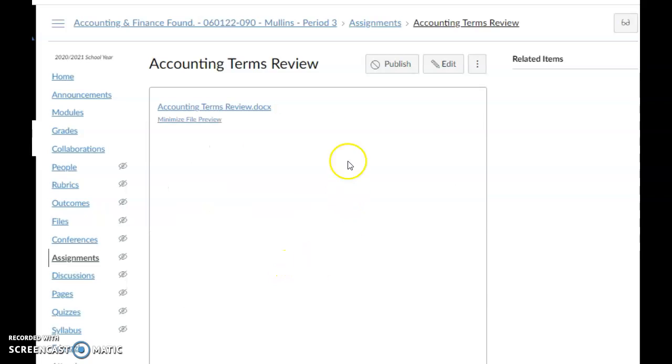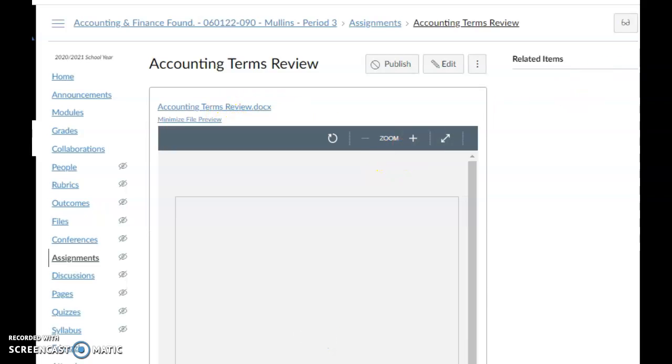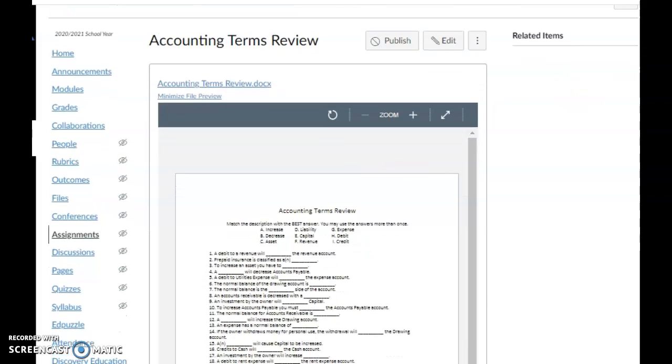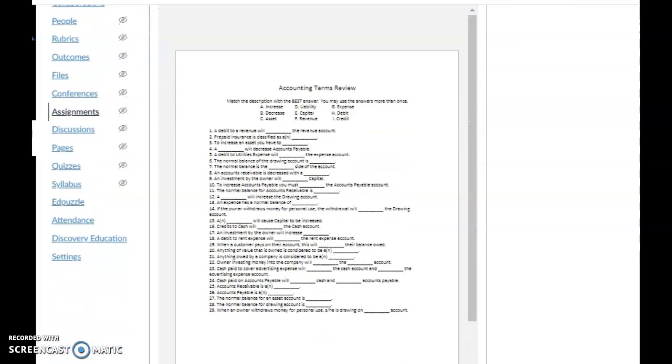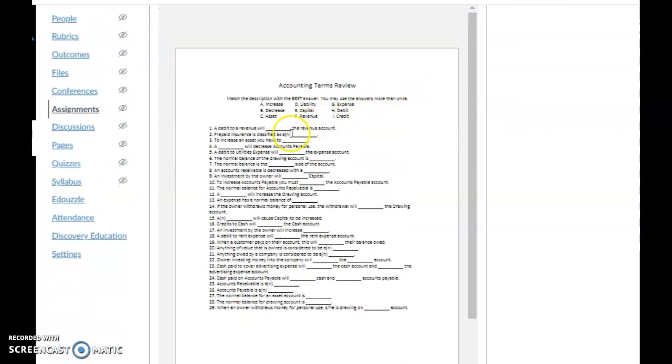So in today's assignment, you're going to have a review sheet here on accounting terms. Now you've done this before. This was just something that I thought would be a good thing to go over before we start into anything new, since we've had a 2-week break for the holidays. But you have accounting terms review, and you're going to match the description with the best answer.